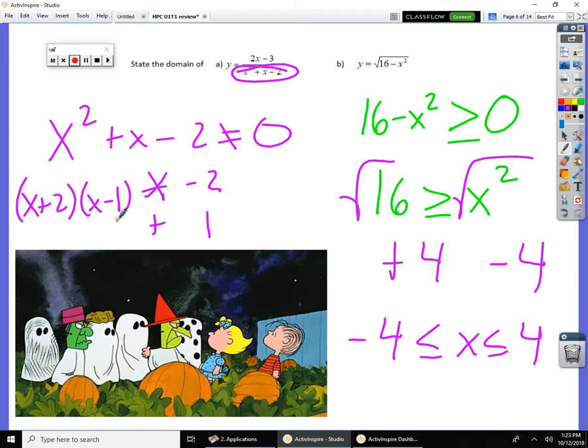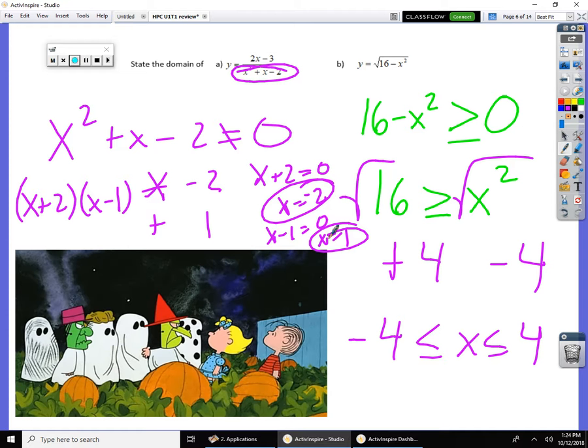So x plus 2 equals 0, x equals negative 2. X minus 1 equals 0, x equals 1. So what are the two answers x cannot be? Negative 2 and 1. So all reals except negative 2 and 1.